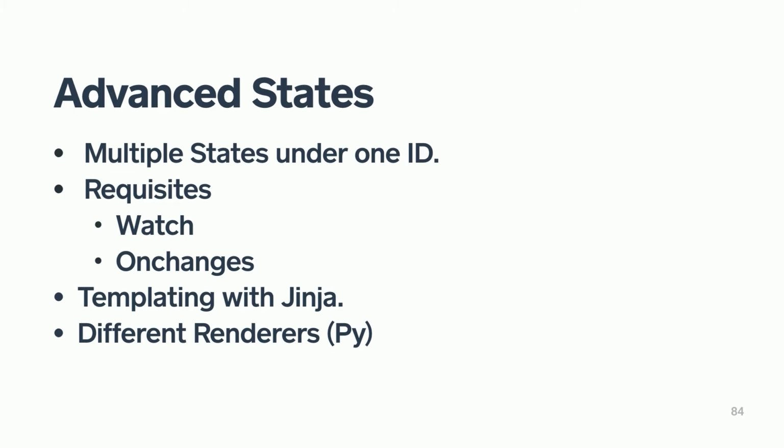Requisites are a way in Salt to connect different states and perform certain actions when certain things are true. Then we're going to look at doing some templating in Jinja. If you've ever used Jinja, then this will be pretty easy. If not, it's still pretty simple. And then we're also going to take a look at different renderers. And in this case, we'll take a look at how you would make a state that's using the Python renderer.